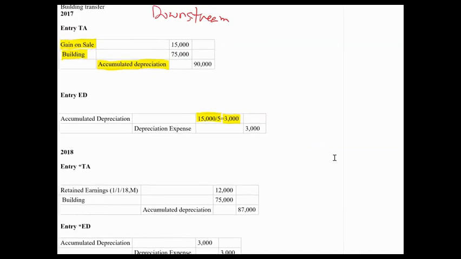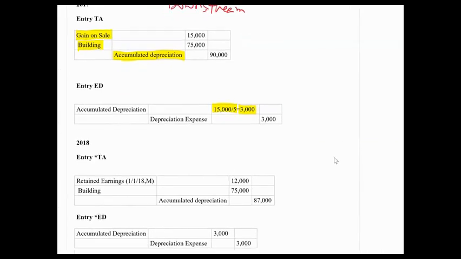That's the second year. So then we are going to have entry star TA. We are still going to use star TA to eliminate those gains that have been included in the retained earnings.